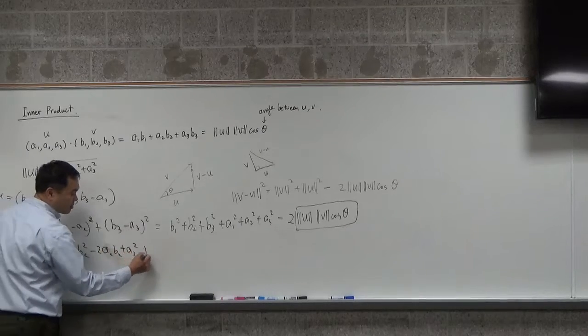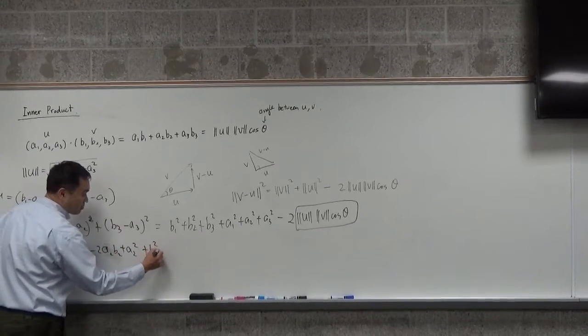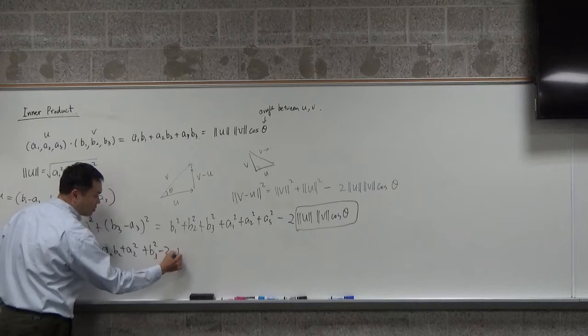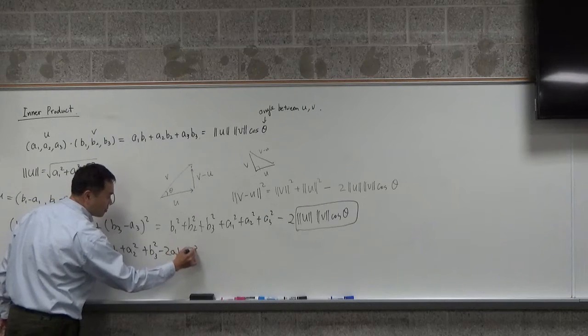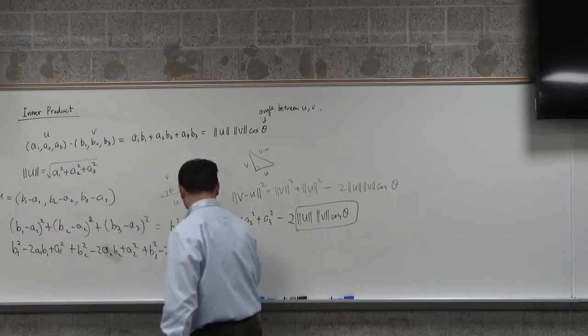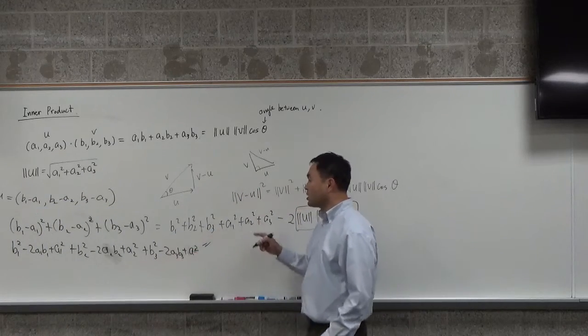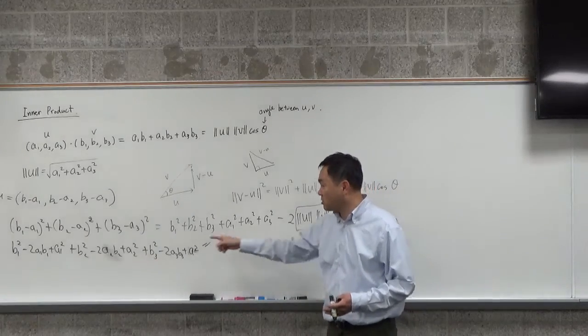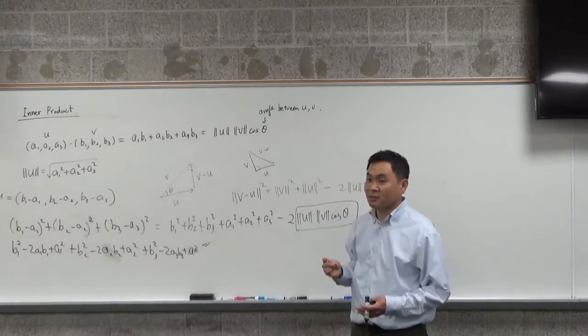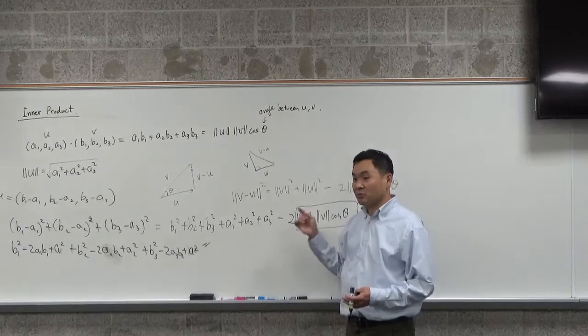And the third thing is B3 squared minus 2A3B3 plus A3 squared. And this thing is still equal to that, and then you see a lot of things common in the left and right. What are the common things on the left side and the right side?